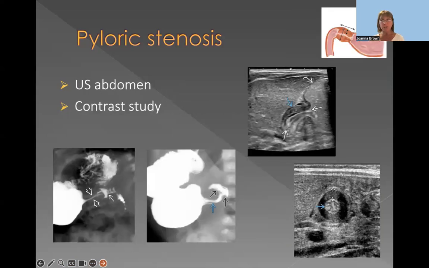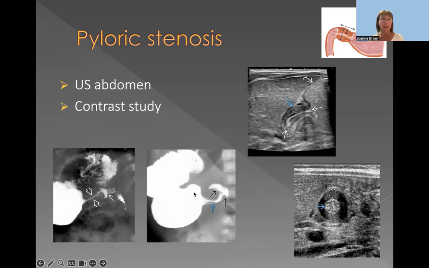When you have a strong suspicion of pyloric stenosis, you will do an upper GI contrast study, where you can see the baby swallow contrast. You have contrast within the distended stomach, and a pyloric canal which is elongated, with circumferential thickening of the bowel wall.